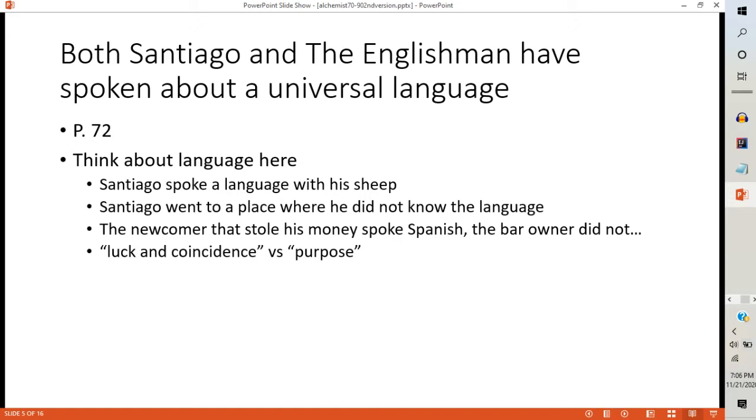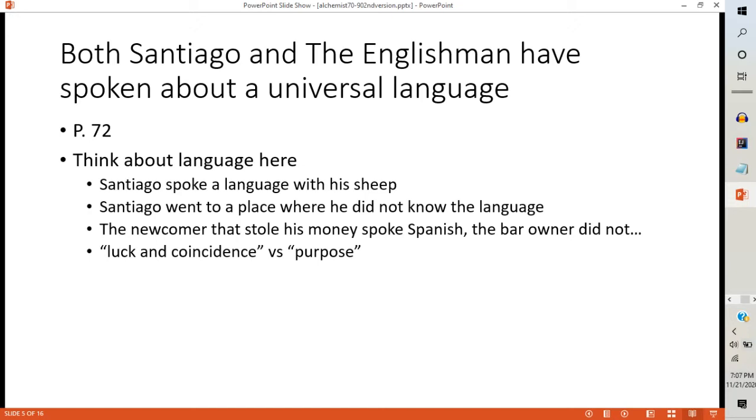Not of words, but his sheep intuitively would follow Santiago because they trusted him so much, and they understood that he was trying to take care of them. He was leading them to food, to shelter. They trusted him. He had a special language with them.